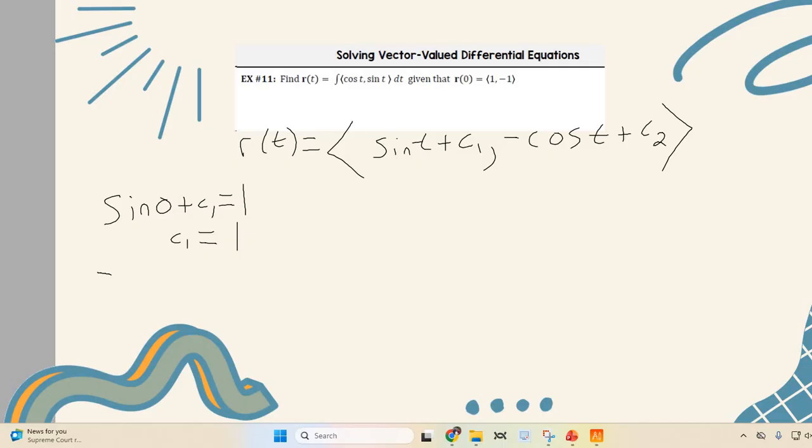Okay. Still plugging in 0 for my second, but now we're setting it equal to negative 1. What is cosine of 0? Okay. So what does c2 equal? 0.